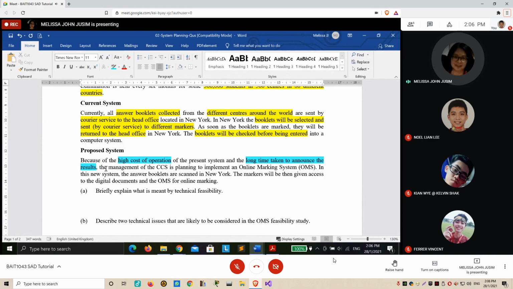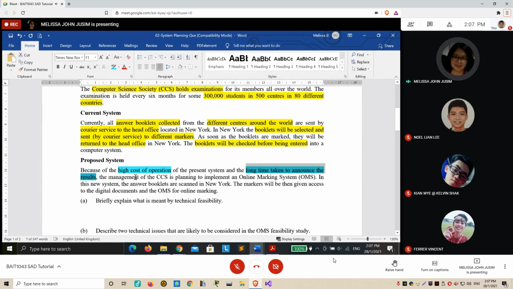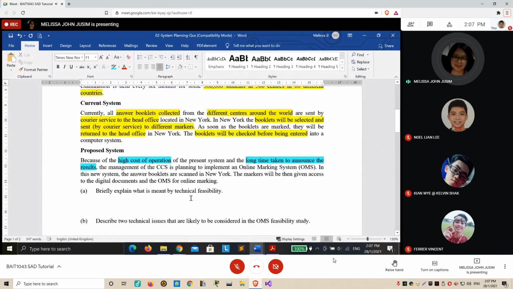So I can see from this part that the reason for the proposed system request would be not only better performance of the system, but also improved service for their members. So the name of the proposed system is OMS.